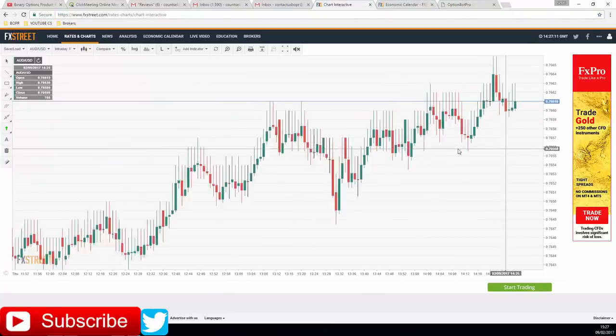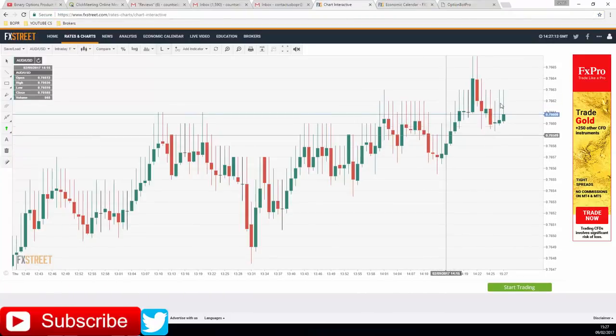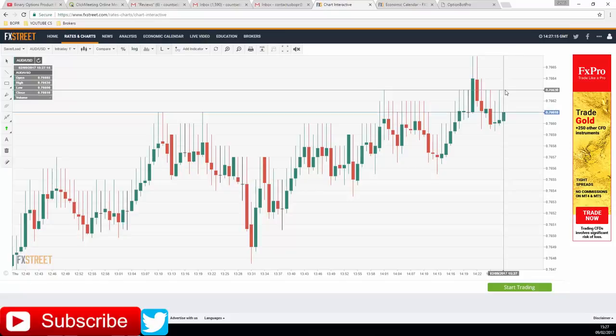AUD USD seems to be still pushing upwards, but it can't hit that point at 0.76630.